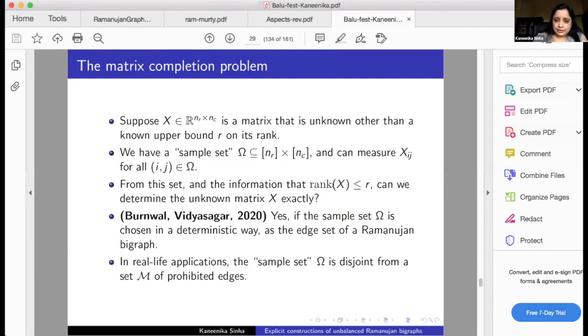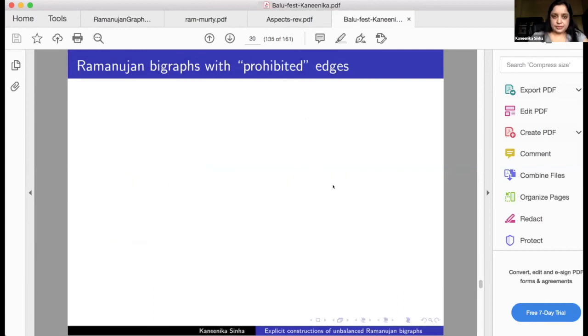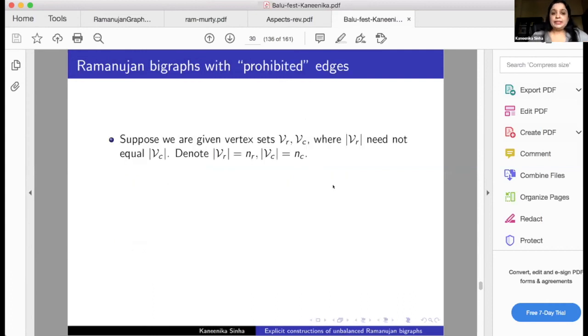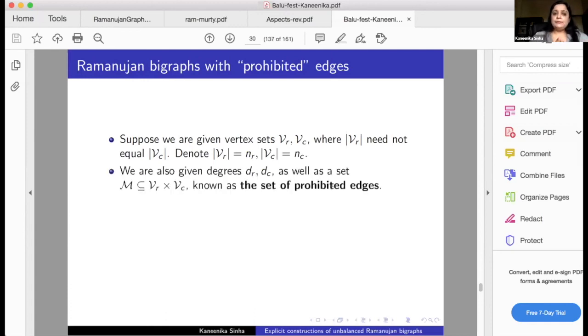Now this leads to another question. In the kind of applications that they are interested in, the sample set that we know needs to be disjoint from a certain set M, which we call the prohibited edges. Let me explain this clearly. Suppose we are given vertex sets VR and VC, where the cardinality of VR need not necessarily equal the cardinality of VC. As before, these have cardinalities NR and NC. We are also given the degrees DR, DC.